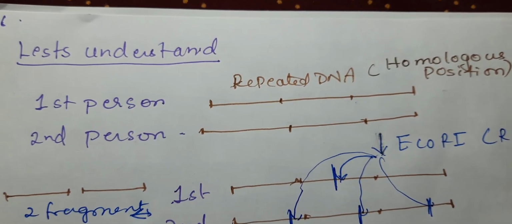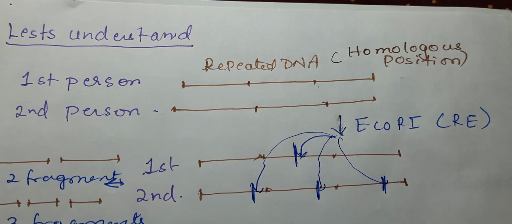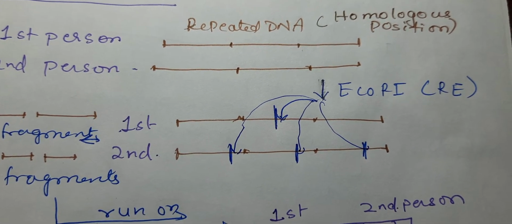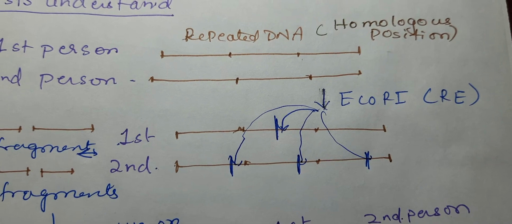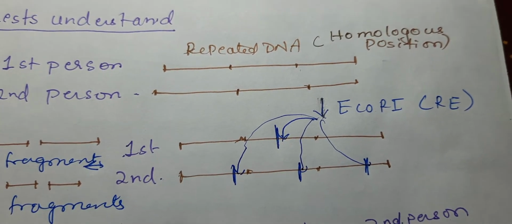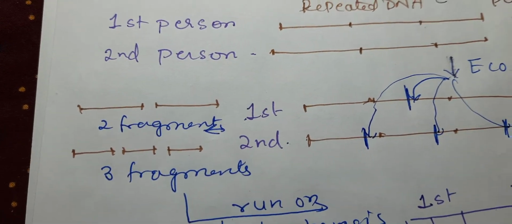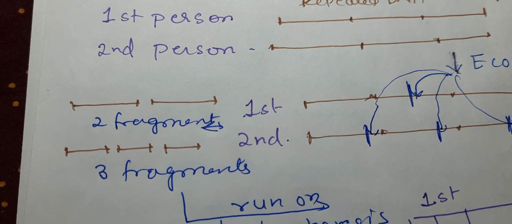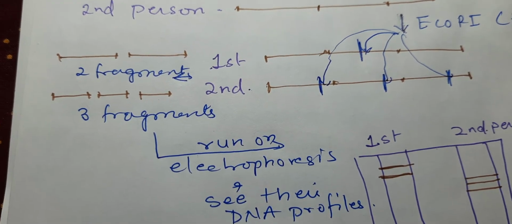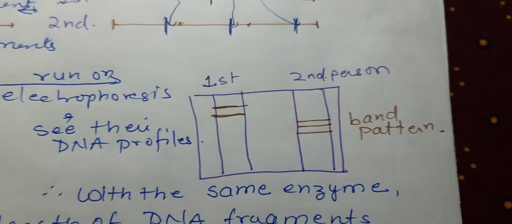Now we have used the enzyme EcoRI. So if you see, first person will have the site at specific place, whereas the second person, because of the variation, will have 2 or 3 different sites of EcoRI. So the first one generate 2 fragment, whereas the second one generate 3 or 4 fragments. Okay, so when you run this fragmented DNA on the gel electrophoresis, you will see the pattern.